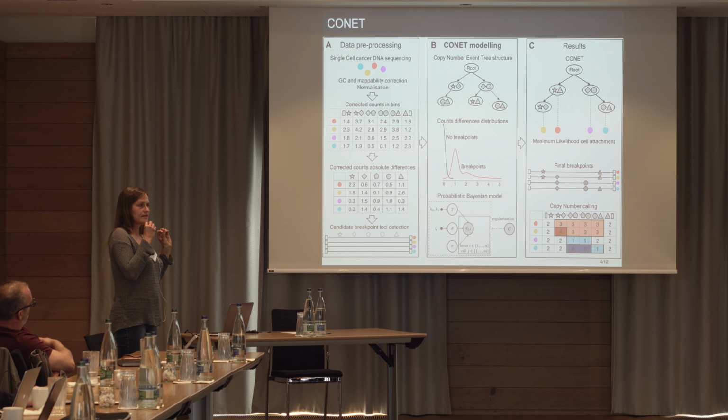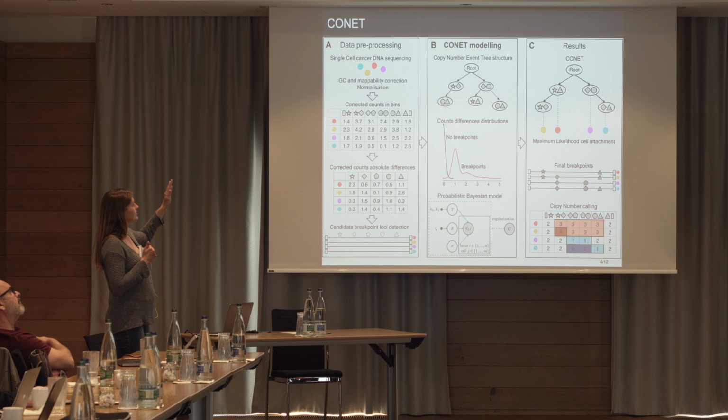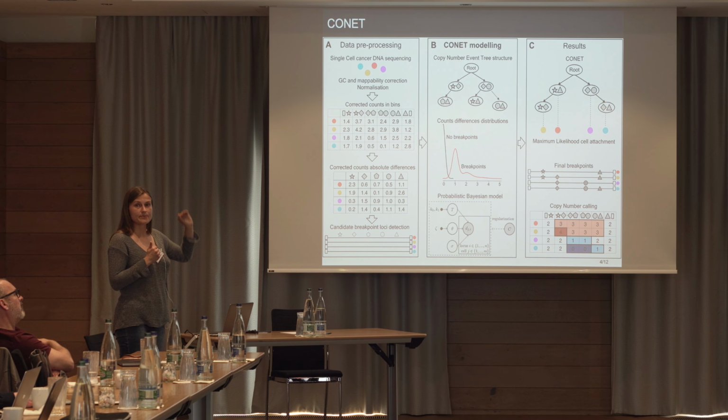And we check the probability of each breakpoint using those two distributions. So if our model says that in this cell it sees a breakpoint, then we use the red distribution and check the PDF for a corrected count absolute difference in this specific locus.